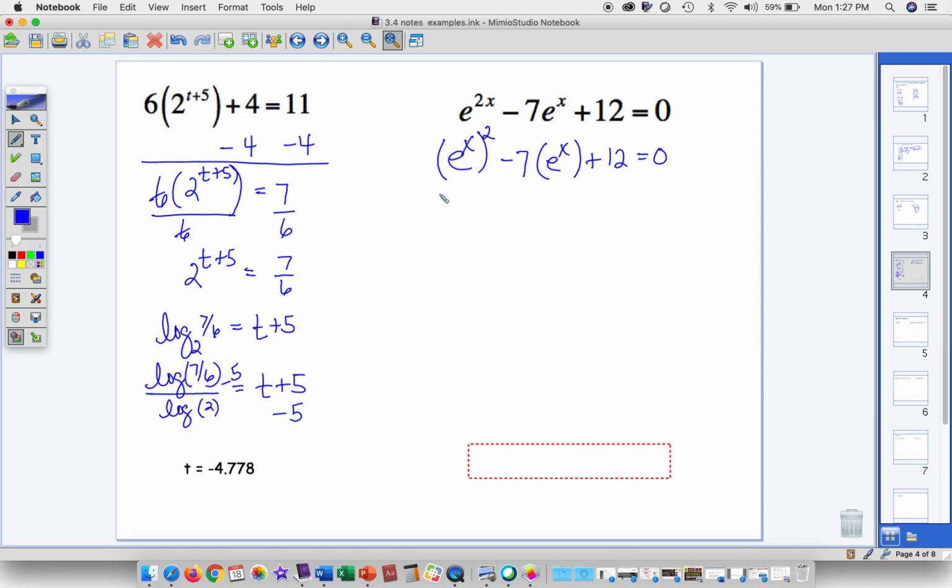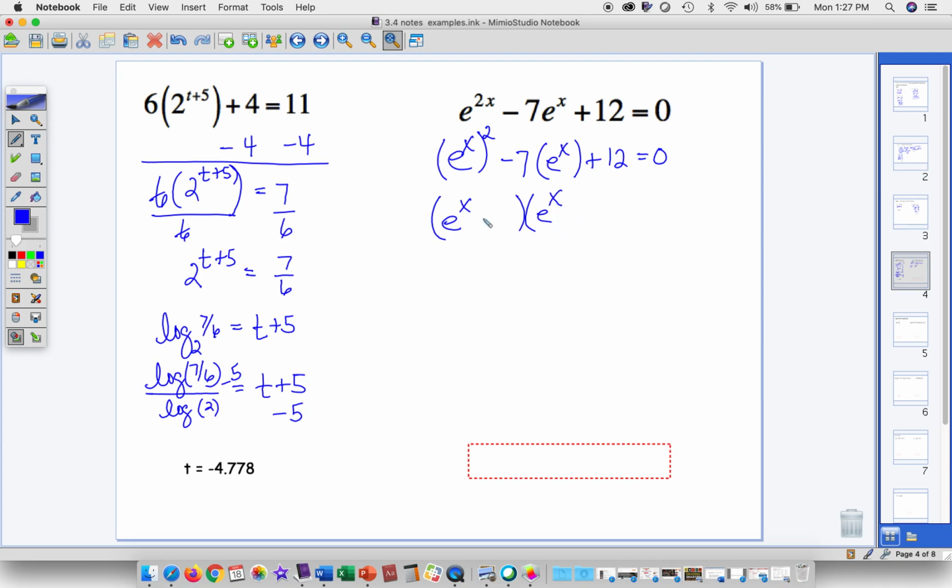So we can treat it like any other quadratic. If I can use factors of 12, that'll give me a negative 7 when I add them, I can factor this. The difference here is I'm not going to start with x and x, I'm going to start with e to the x and e to the x.